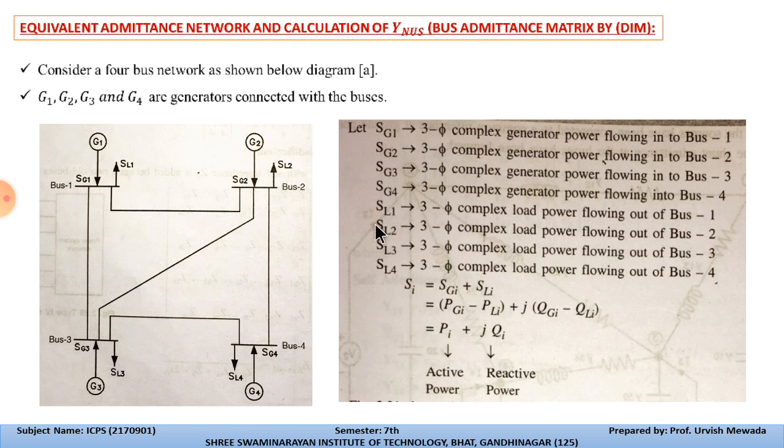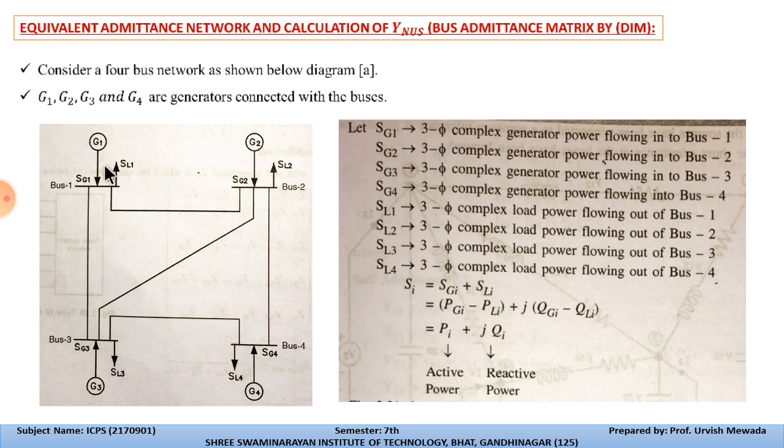Now let us consider the apparent power of the links. SL1 is the three-phase complex load power flowing out of bus number 1. Through this we can give power to the consumer.